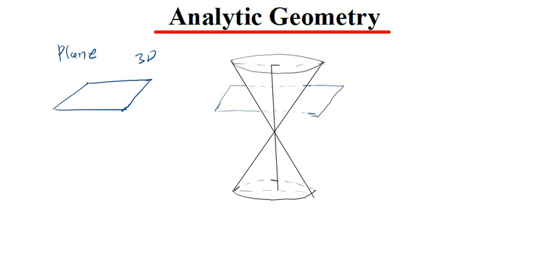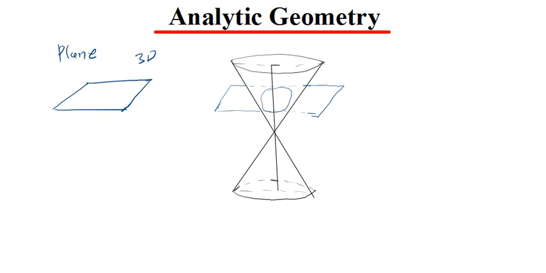So we have this double napped cone that we have here, and they're intersecting each other with a cone. One thing that you're going to observe is that where they intersect each other, because a cone is circular in some way. Of course it's circular on the top here, it has a certain radius, and the radius keeps on reducing as you come down here. So at this point, where the cone intersects with a plane, you're going to have something that's going to be like a circle.